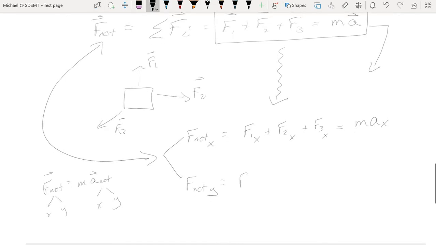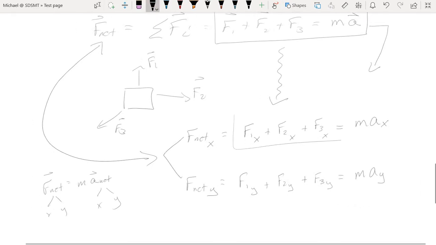And then we can just kind of mirror everything that we've seen here for the y direction. If we want to know the y component of the net force, we are going to add up all the y components of our individual forces, and they will tell us how our mass accelerates along the y direction.